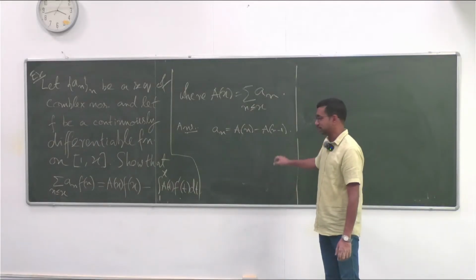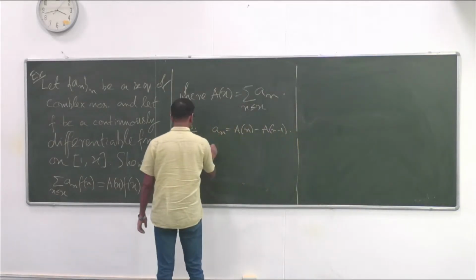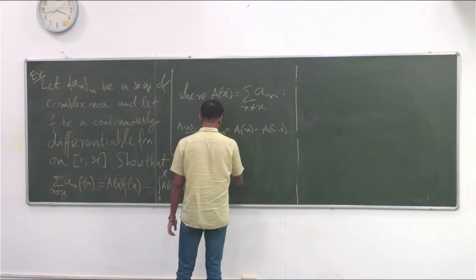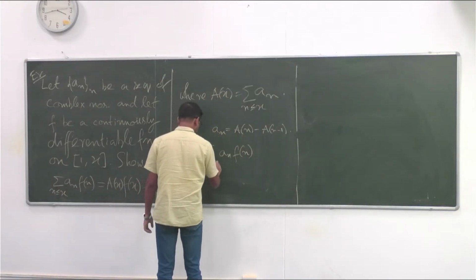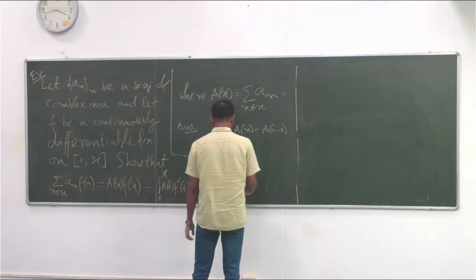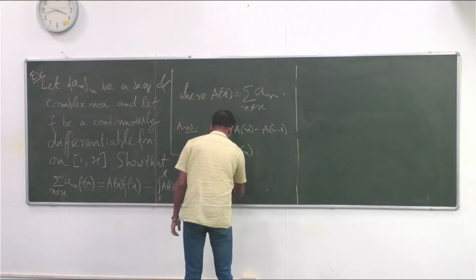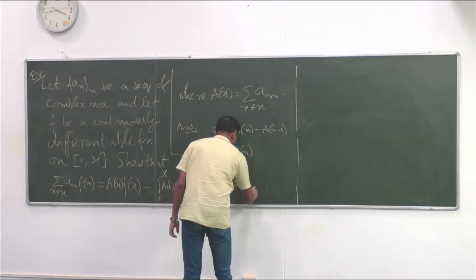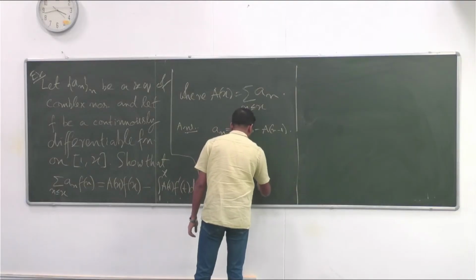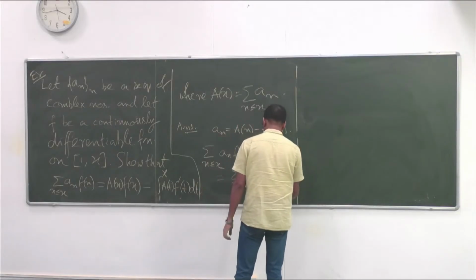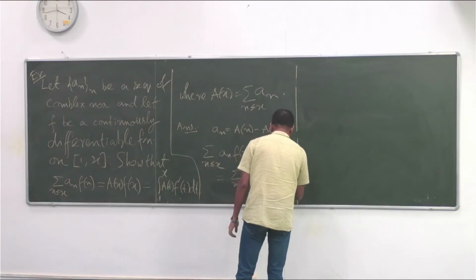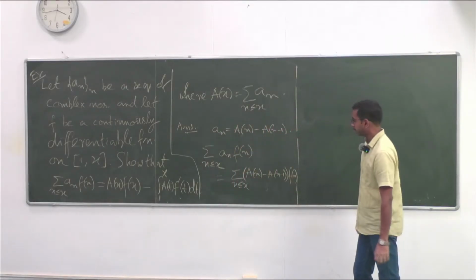So if you start with this, then you have the sum of a_n f(n). This is equal to the summation over n less than or equal to x of (a_n minus a_{n-1}) f(n).